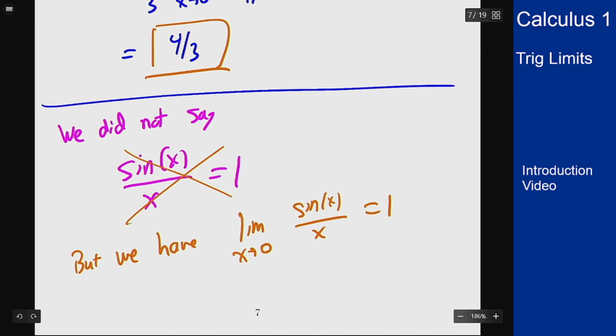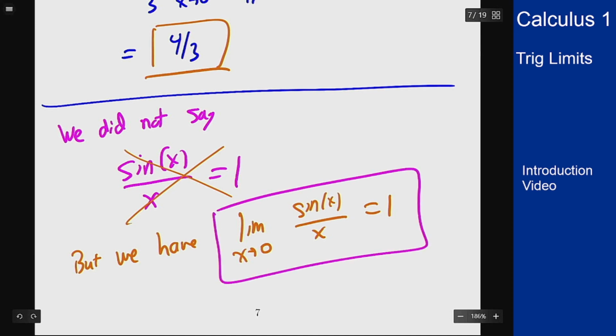You only get the value 1 out of this when you are taking a limit as the input goes to 0. If you're not taking a limit or you don't have it going to 0, this does not simplify to 1. That's the basic idea of these trig limits, what we can do to simplify them, and how we can think about and manipulate these problems to simplify these limits when they involve things like sine x over x.